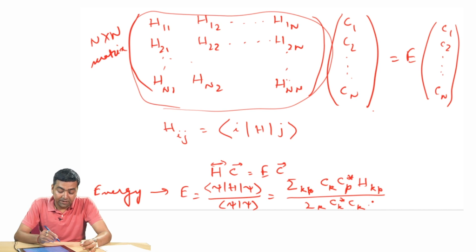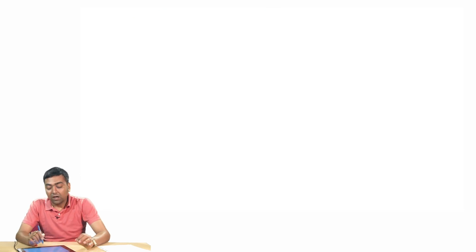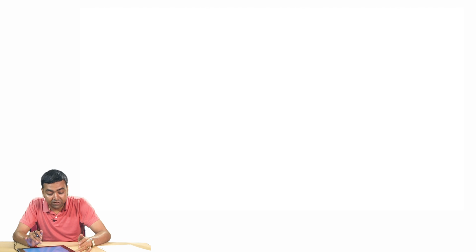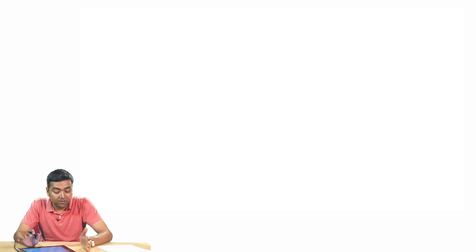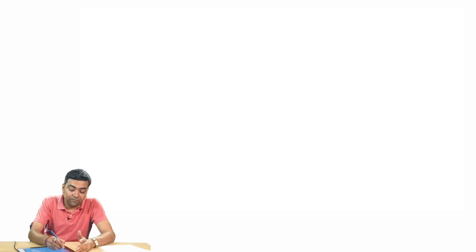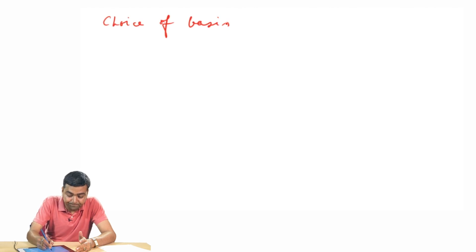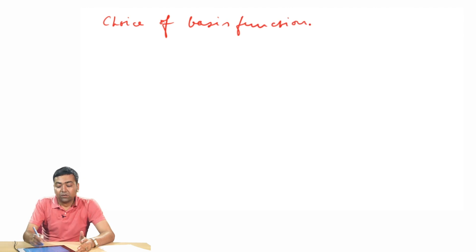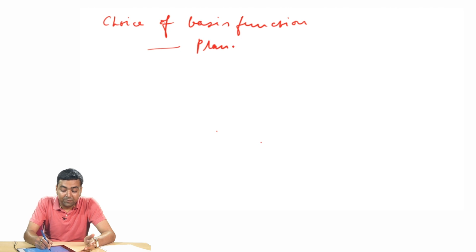So far we have been saying that we choose a set of basis functions to expand our wave function, but till now we have not talked about what a good choice of basis functions is. In principle, you can choose any type of functions. You can choose, for example, plane waves as your basis functions.